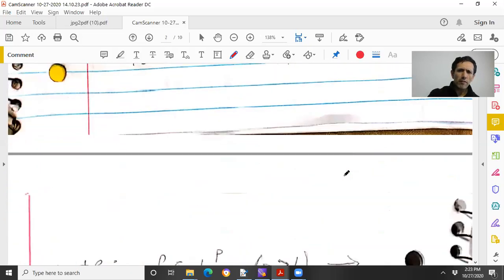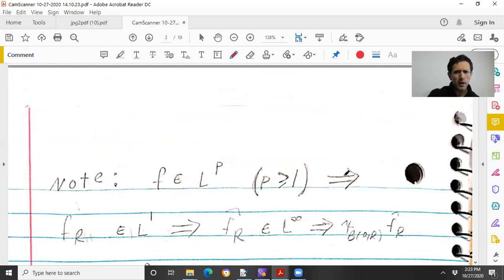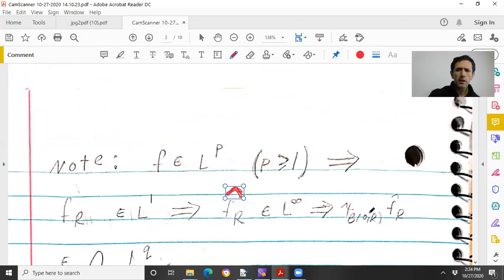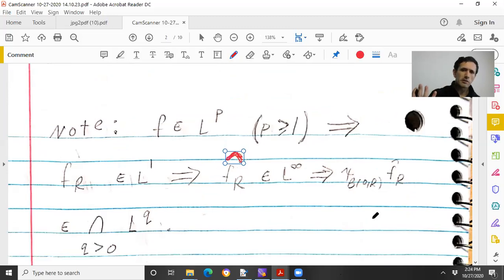Okay, so f_r is in L1. That means the Fourier transform is trivially well defined. I mean, there's no issue there. It's actually given by an integral, and it's in L infinity. So if I multiply by this characteristic function, we have an L infinity function that's supported on this ball of radius r. So that is in any LQ for all possible Q.